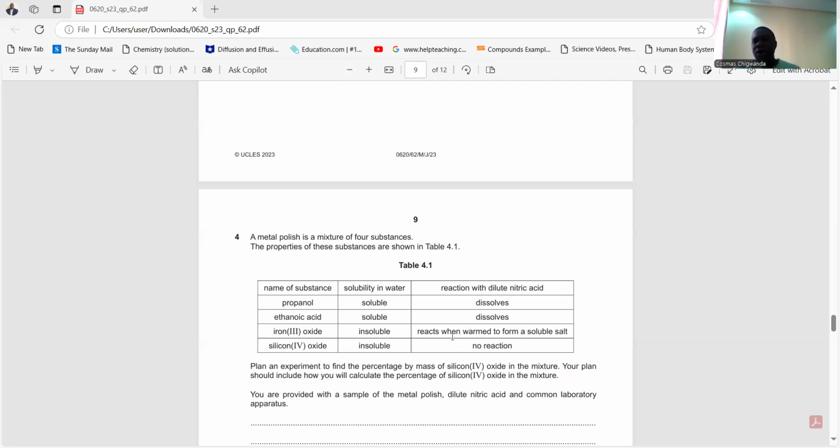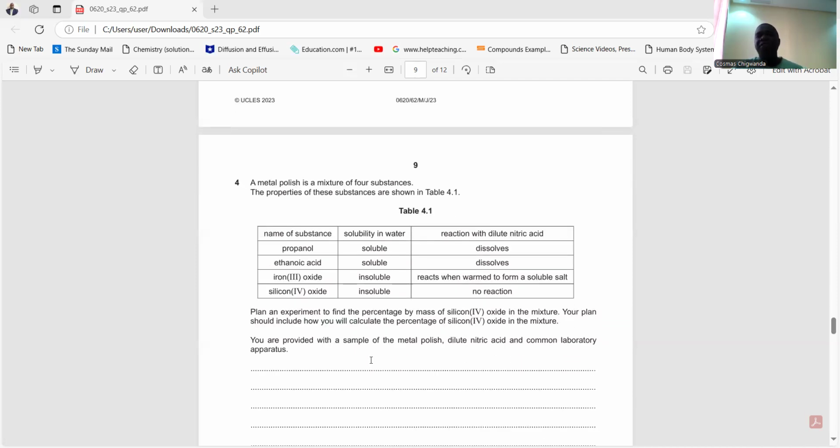You have to warm it a bit so that the reaction goes to completion, but it's not going to dissolve silicon 4 oxide. That's the basis of the method that we are going to use. You are provided with a sample of the metal polish, dilute nitric acid and common laboratory apparatus.